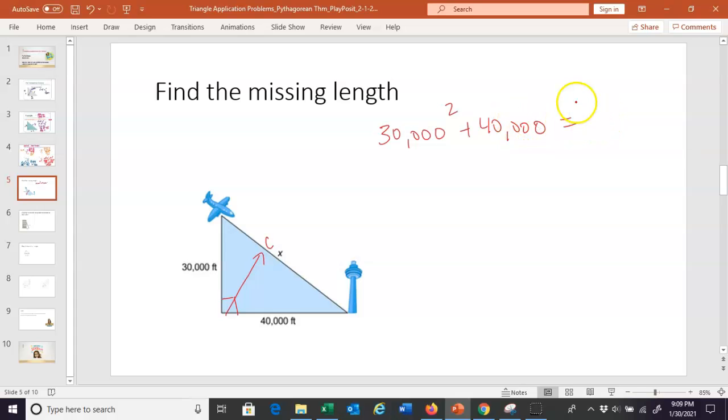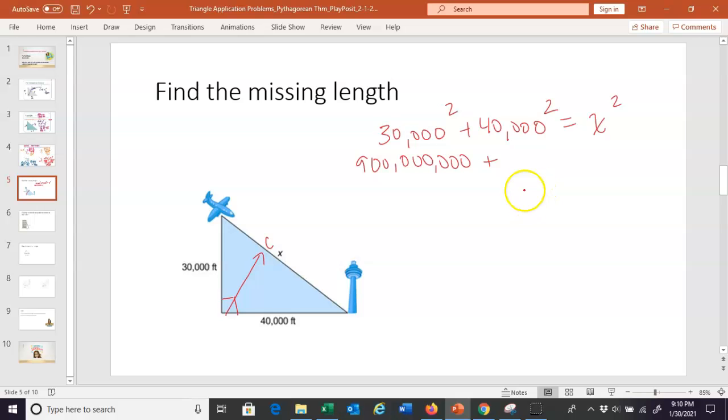The whole deal with the Pythagorean theorem is just making sure you put the numbers in the right place, making sure that that hypotenuse is always on the right-hand side of the equal sign. And I'm going to grab my calculator on this one. I probably could leave the zeros out and then add them back in at the end, but it's kind of fun to see them all there as well.